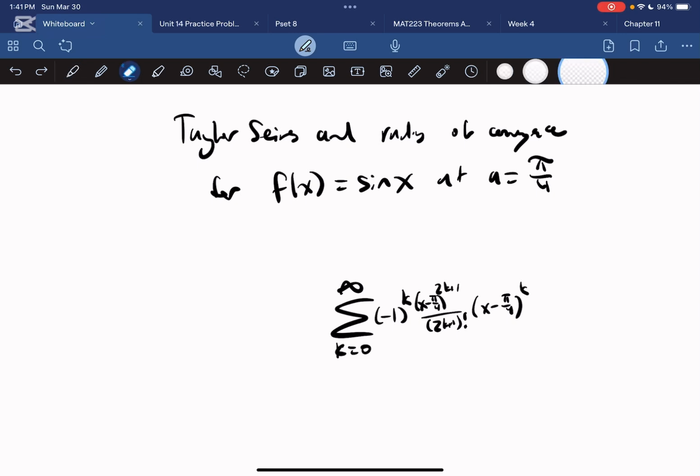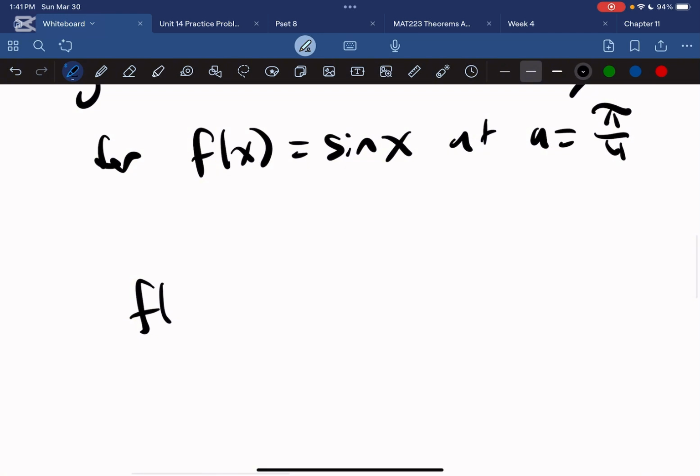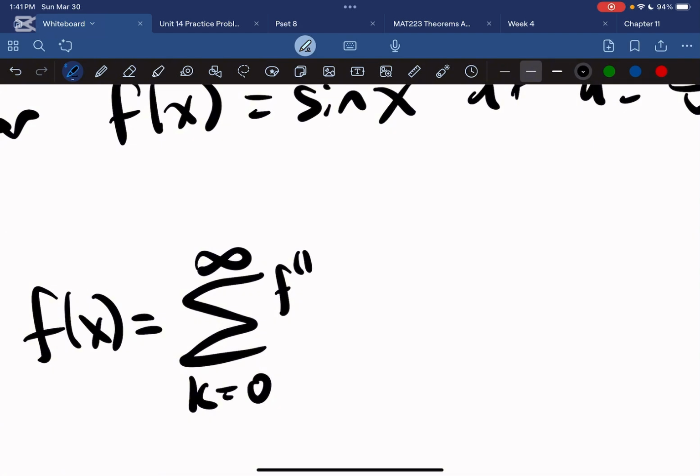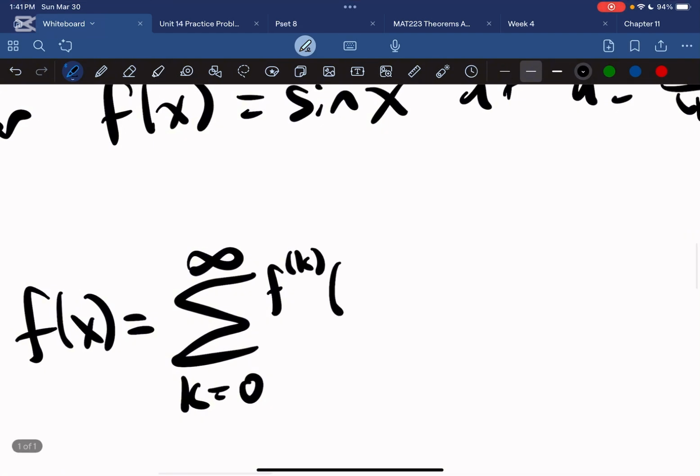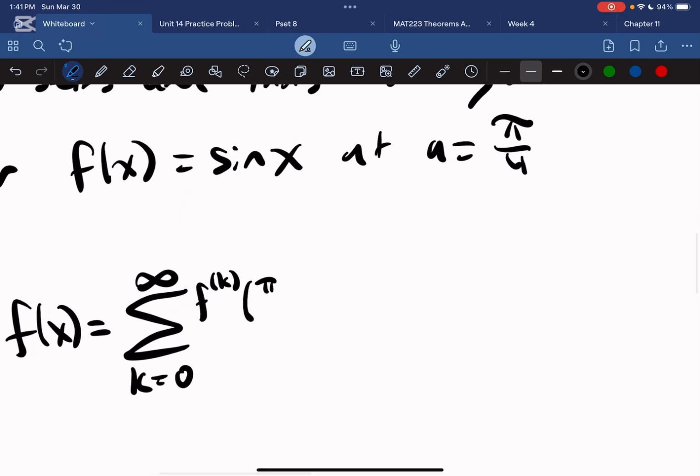But what we're meant to do is, let's write down the form of the Taylor series. Actually, we can ignore this limit. We can just write straight up the form of the Taylor series is f to the k at pi over 4, instead of 0, which is how we derived our Maclaurin series before. And then we have x minus pi over 4 to the k.